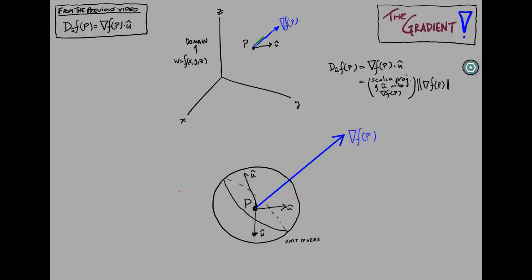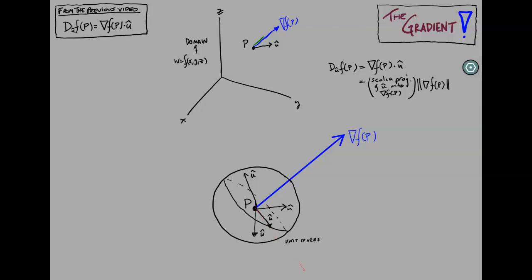And this would be the case in any direction whatsoever, as long as my direction is pointing into that southern hemisphere. In other words, as long as my direction vector is making an obtuse angle with the gradient vector. Interesting. Now, what if I'm taking the directional derivative in a direction that actually lies along the equator, like this, if I'm moving in this direction?